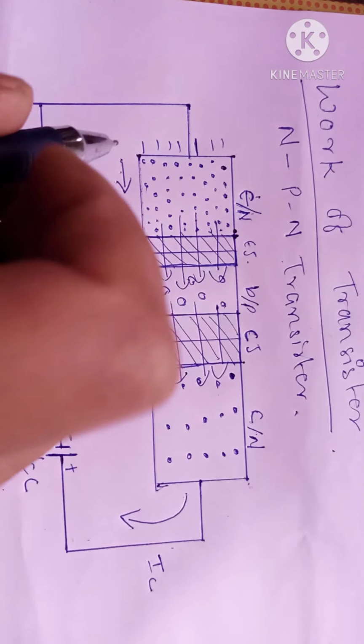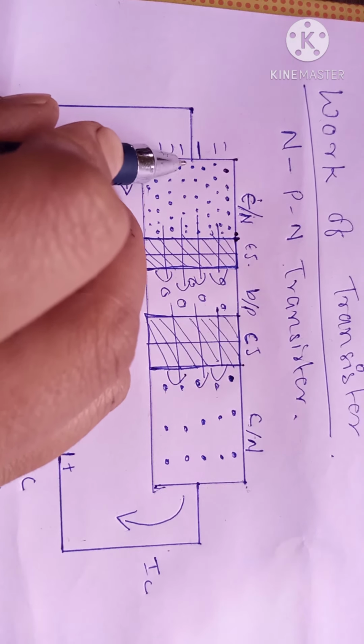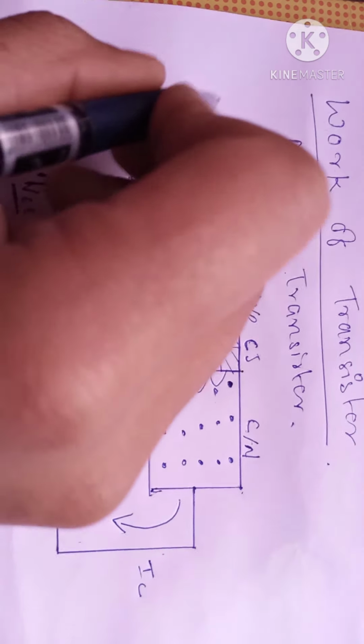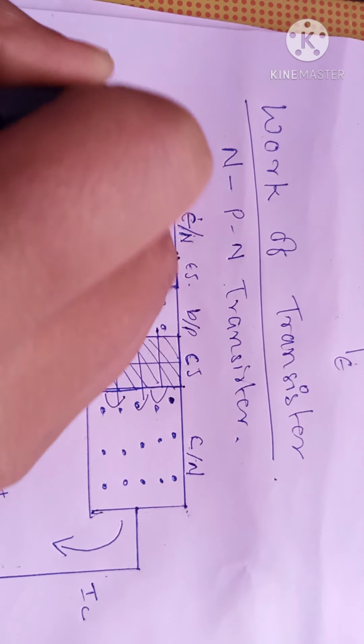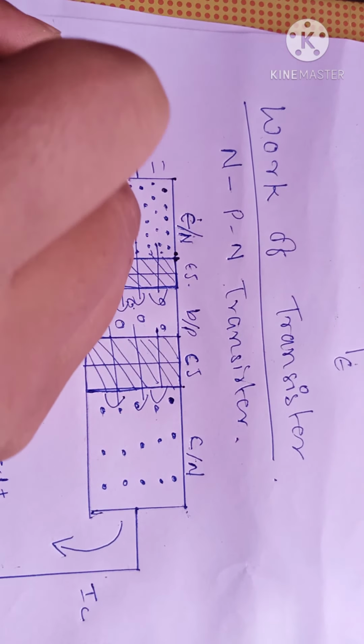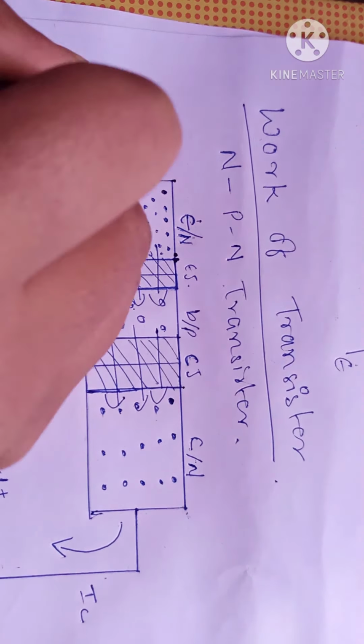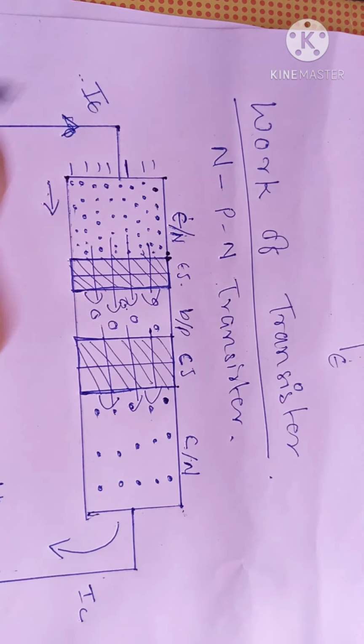And when electrons move towards the base, they also create a current IE, the emitter current.